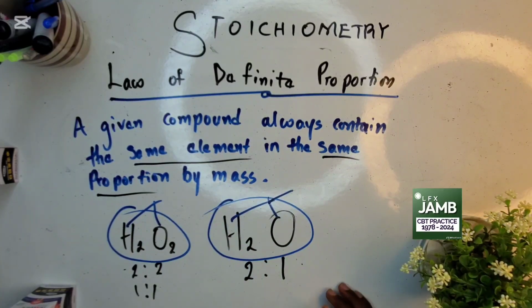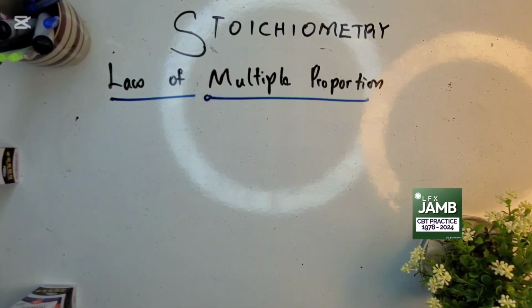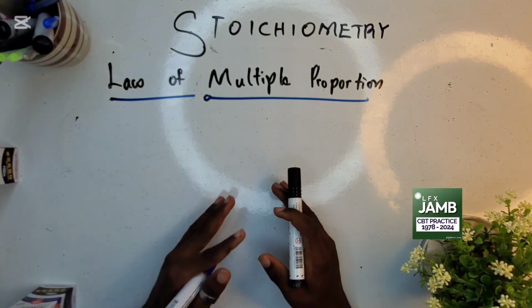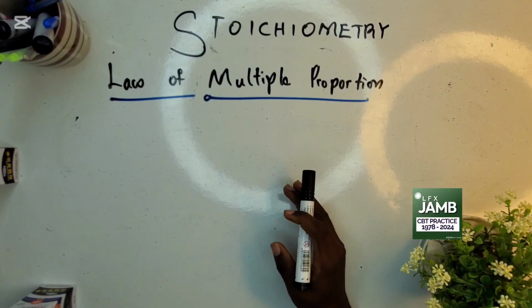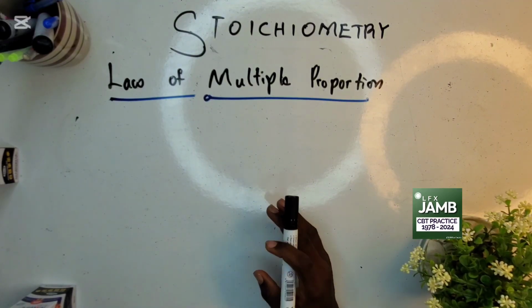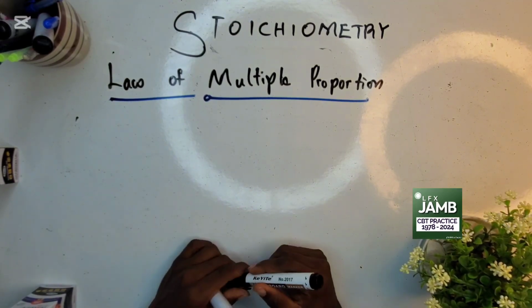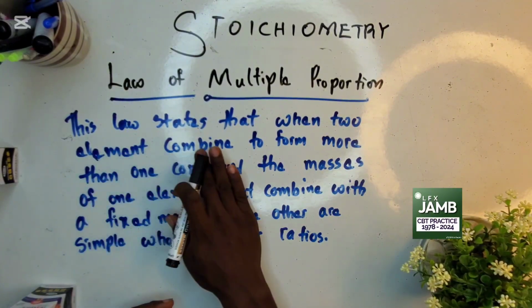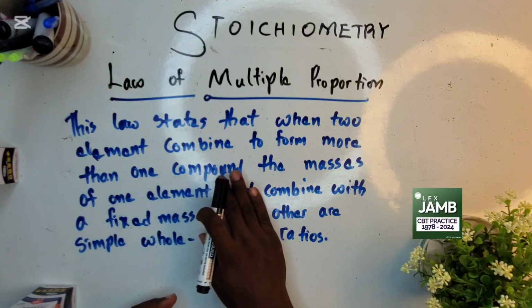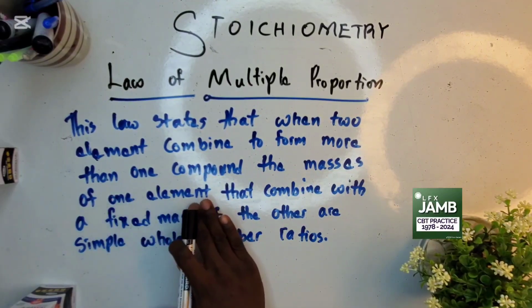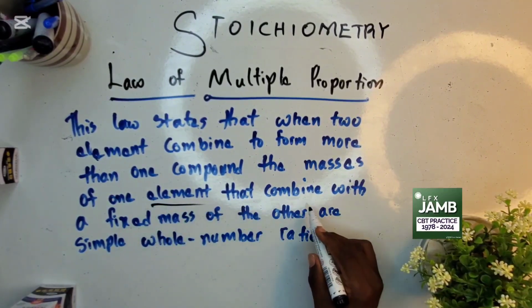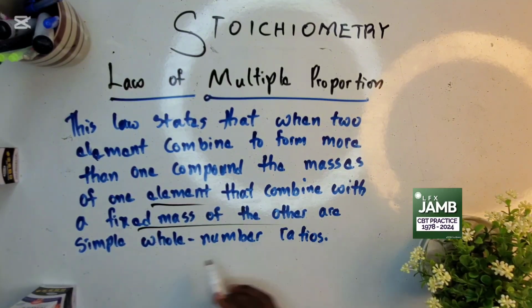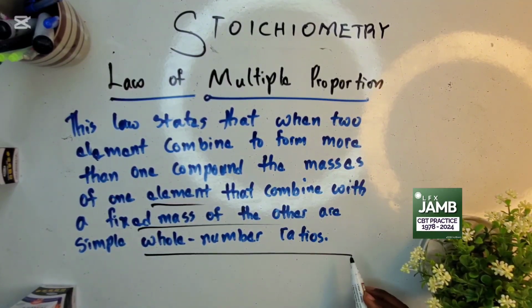Let's see another law. The next law we'll be talking about today is the law of multiple proportion. The law of multiple proportion is the extension of the law of definite proportion. So what does this law state? The law states that when two elements combine to form more than one compound, the masses of one element that combine with a fixed mass of the other are in a simple whole number ratio.